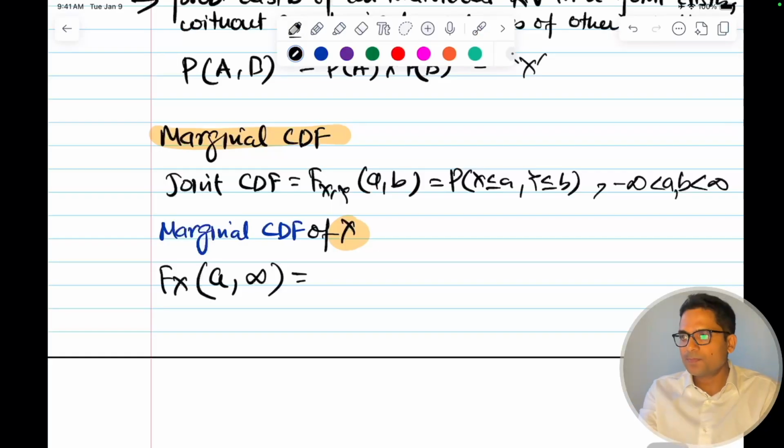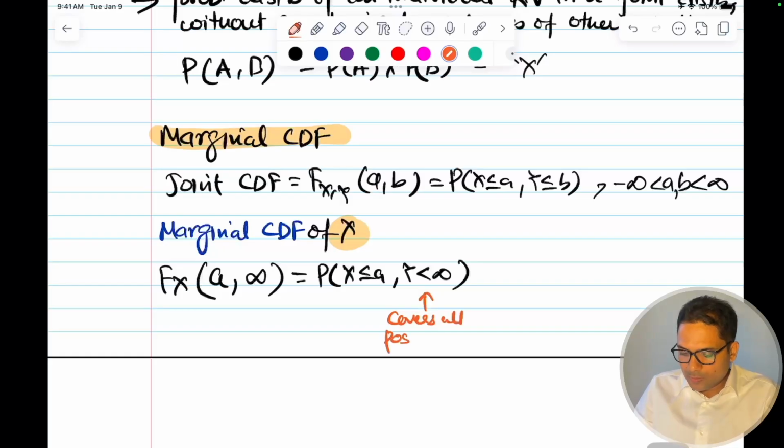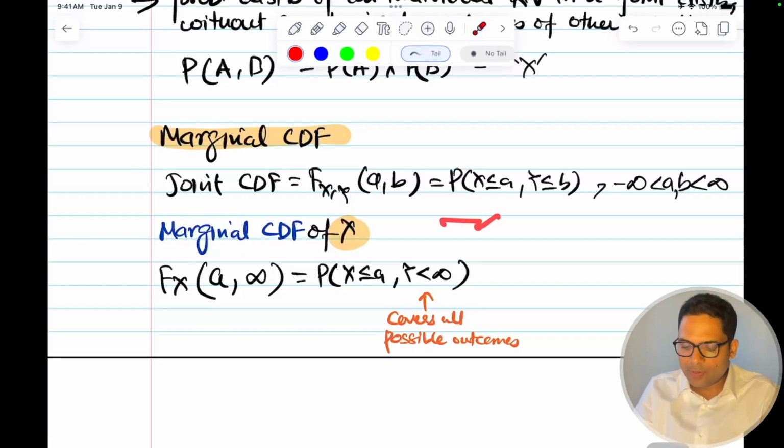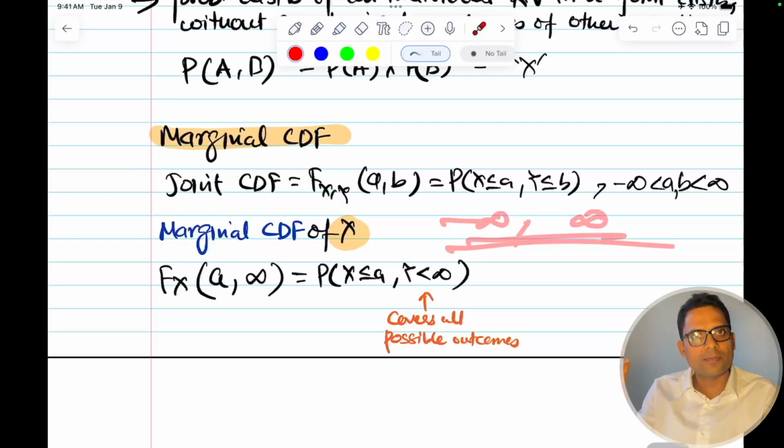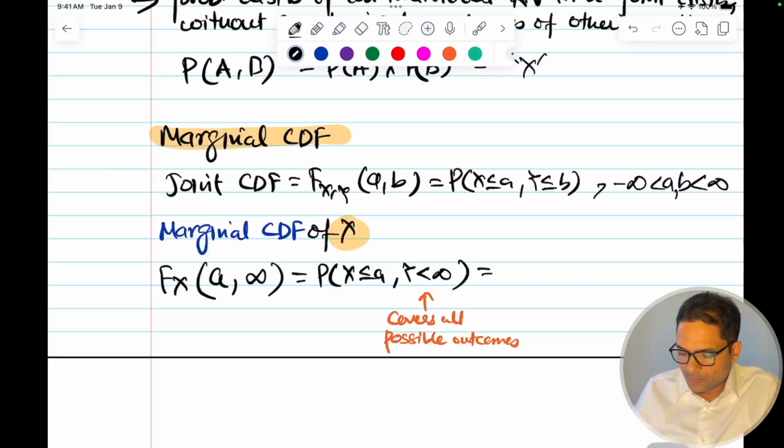So this will be equal to the probability of x less than or equal to a and y less than infinity, which covers all possible outcomes of y, and it will sum up to 1 because all the values will lie between minus infinity and infinity only, whatever the value. And this comes out as the probability of x less than or equal to a.